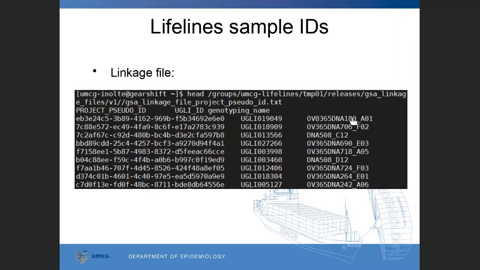And there is also a third name, the genotyping name for the lab. So that's the individual ID. This is the plate ID on which this individual was genotyped, and the well in the plate in which its DNA was put for analysis.